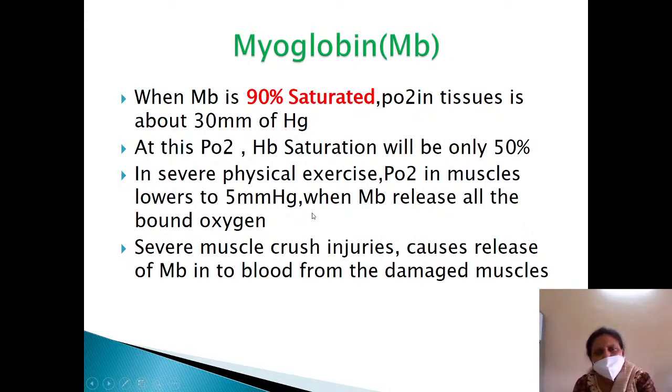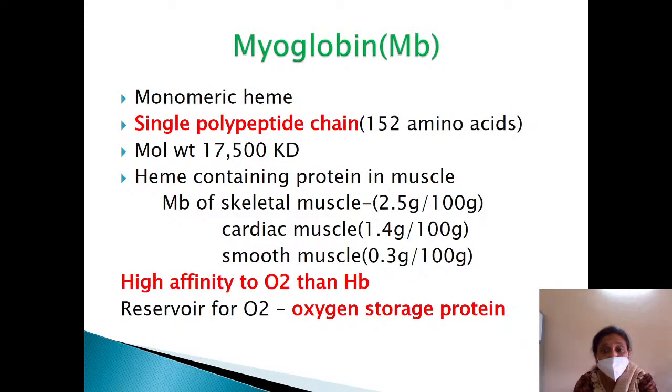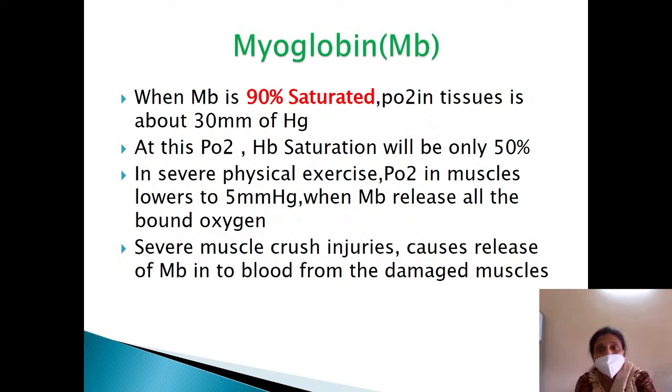And in severe physical exercise, the PO2 in muscles lowers to 5 mm Hg, then the myoglobin releases all the bound oxygen. As I mentioned, myoglobin is an oxygen storage protein. So during strenuous exercise, where muscle tissues lack enough oxygen, when the PO2 levels are falling down, the myoglobin present in the muscle releases oxygen.